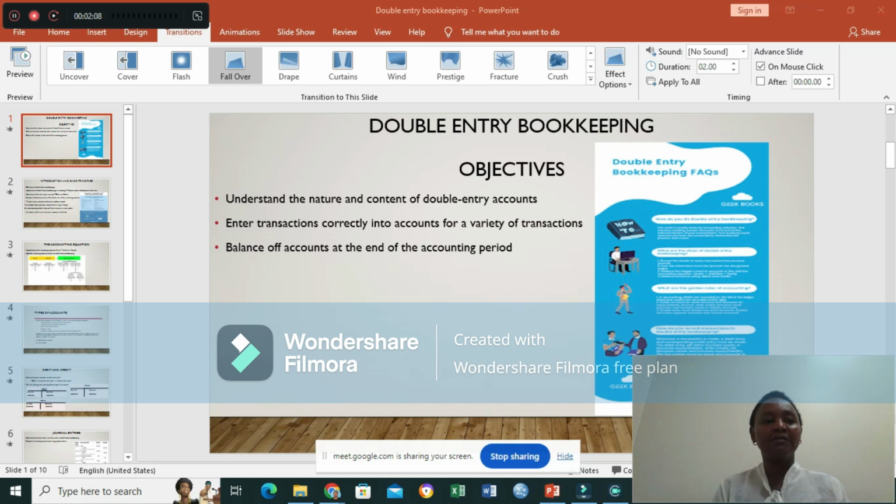Some of the objectives that we have today are to understand the nature and concept of double entry accounts. You will also learn how to enter the transactions correctly into accounts, and then you will be able to balance off accounts at the end of the accounting period.